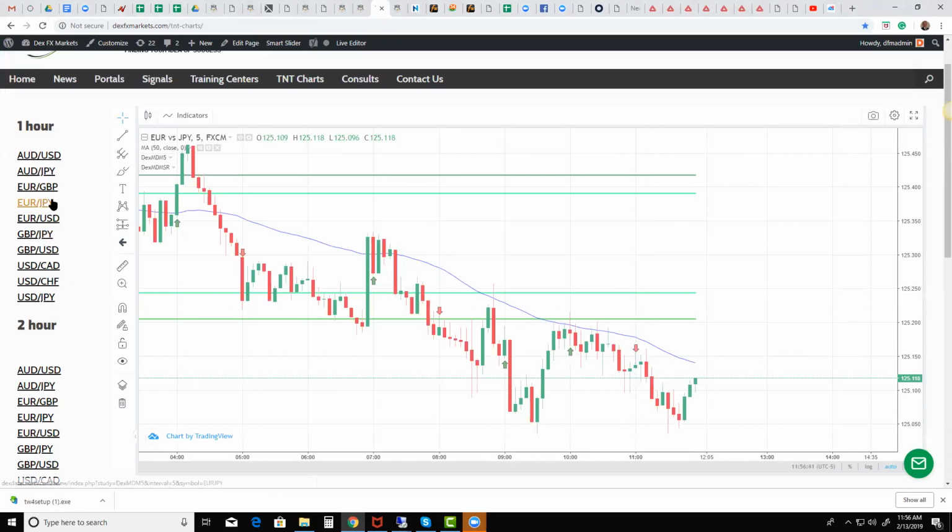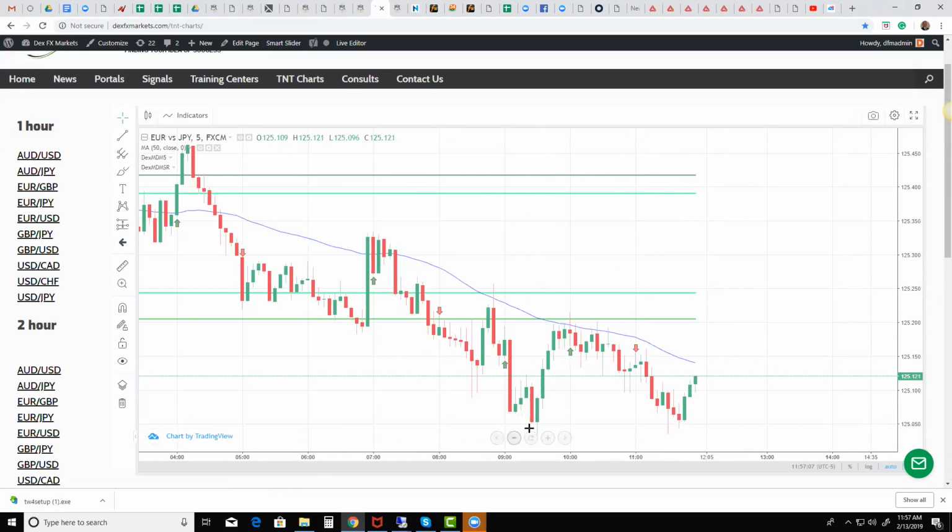All right. Euro JPY, 5 minute. Here's where we got in right in here, right? As it starts to come out, it narrows itself down to this structure here, and the hour is coming to an end. We got about 15, 20 minutes at this level. So we could start looking at, hey, this is 5, 10, 15 minutes to the top of the hour and I'm hitting structure, maybe take my money.